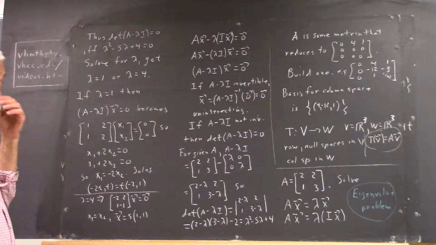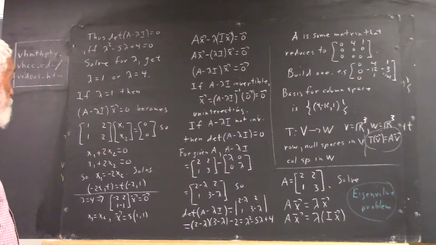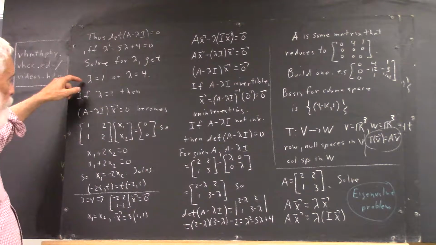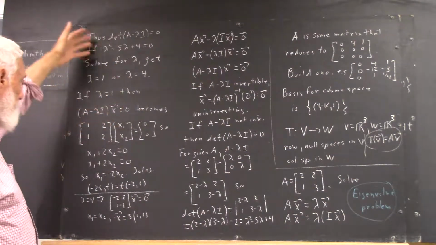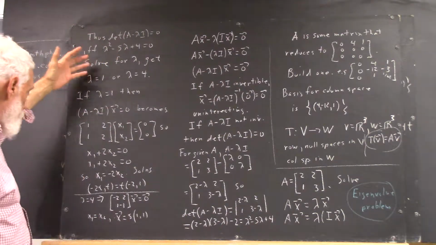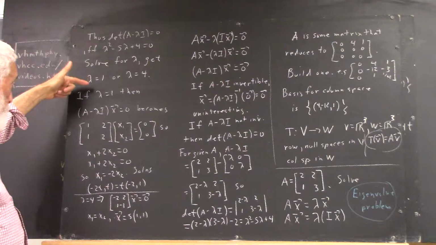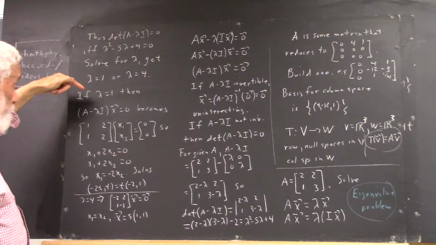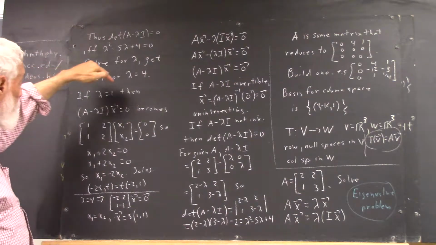So lambda's 1 or lambda's 4, and we can test the discriminant and do all that stuff. But we should understand quadratic equations well enough that we know exactly what to do. If not, review it.